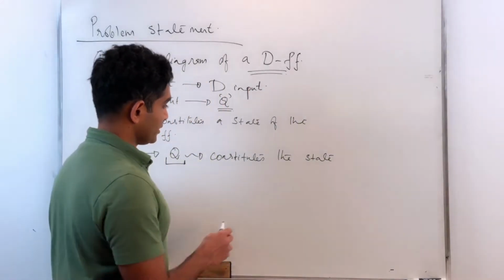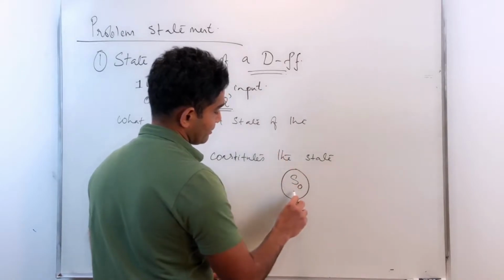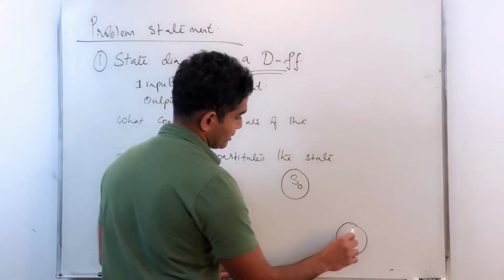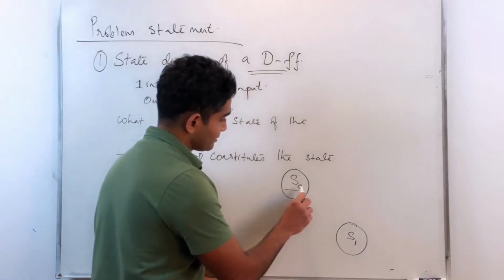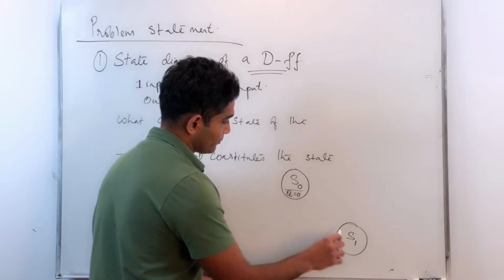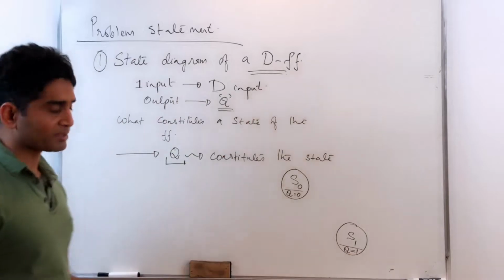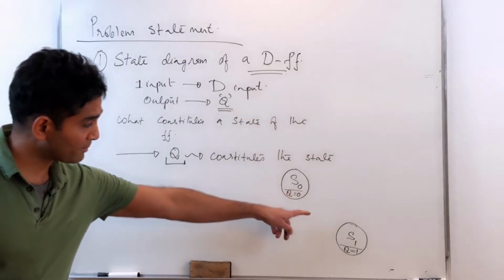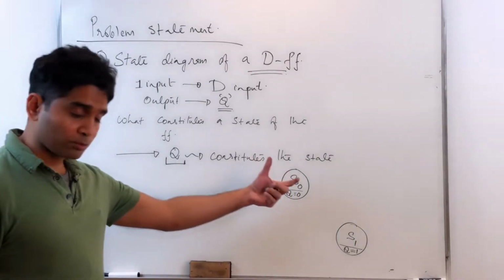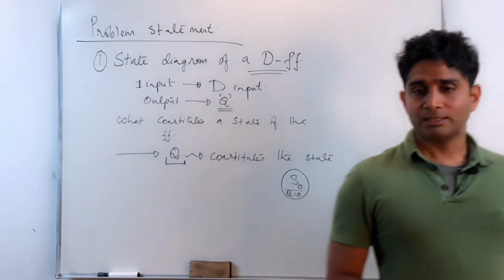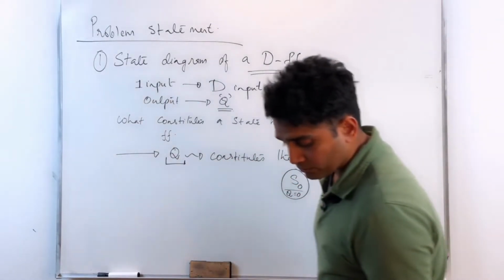So here, I can draw that in terms of S0, where my Q is 0, and S1, where Q is 1. This is one way of representing the state diagram, where my outputs are represented along with the state itself, because the way I've chosen my state in this particular example, I'm looking at the Q itself to constitute the state of that flip-flop.